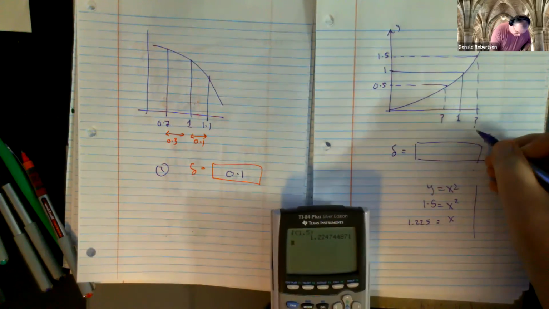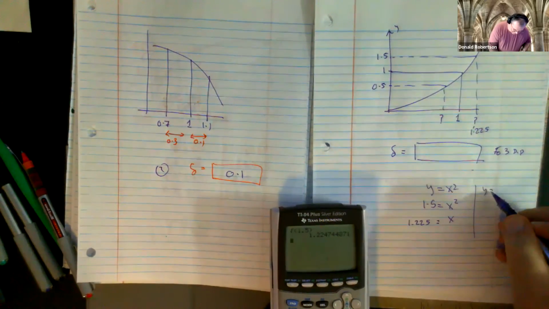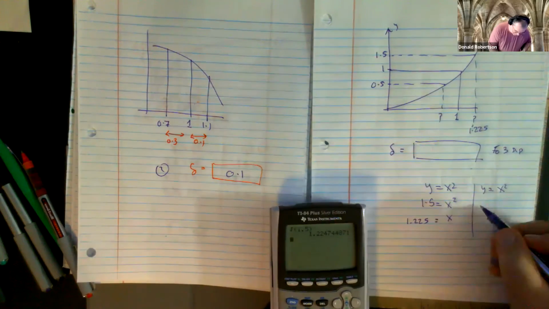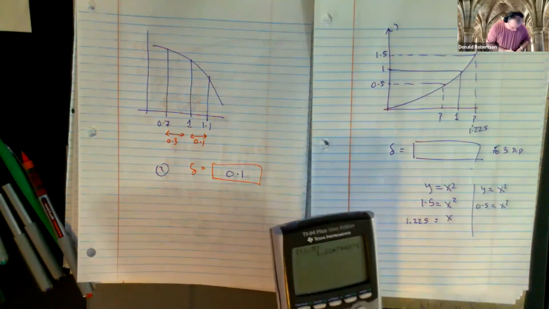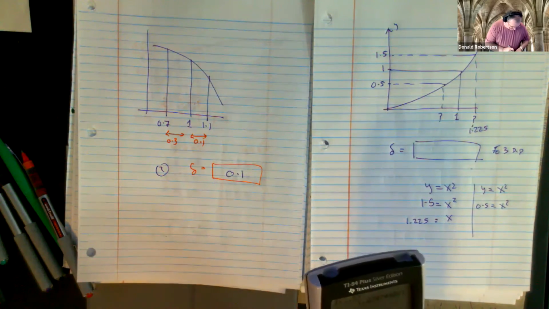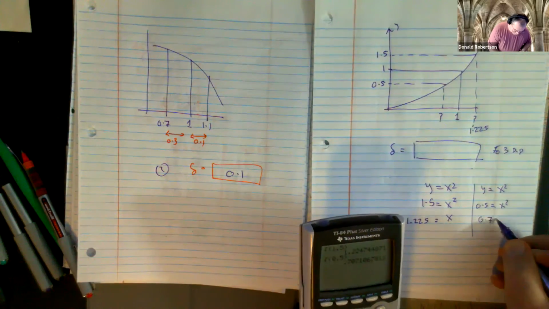So the one that goes here is 1.225. And then on the other side, it's 0.5. And if you take the square root of 0.5, we'll get 0.707.